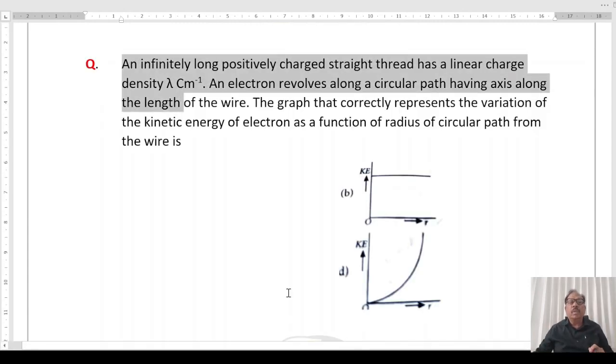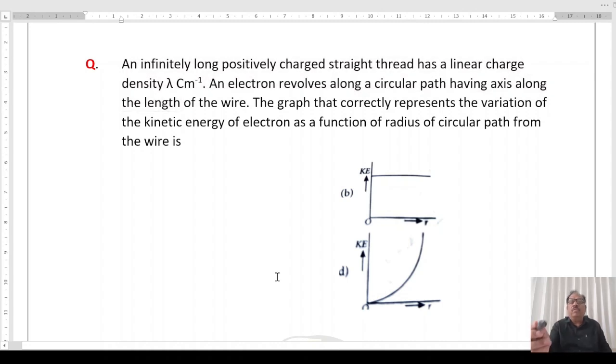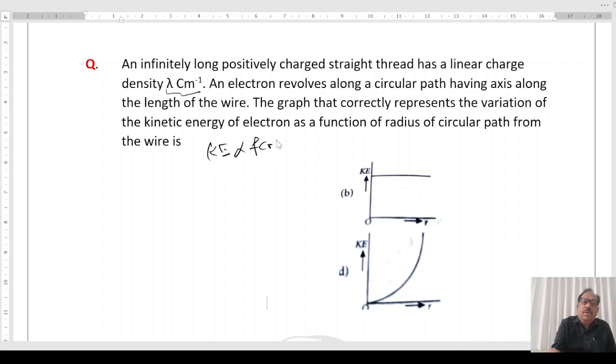Question is, an infinitely long positively charged straight thread has a linear charge density lambda coulomb per meter. An electron revolves around a circular path having axis along the length of the wire. Graph that correctly represents the variation of kinetic energy of electron as a function of radius. Means kinetic energy is a function of radius.